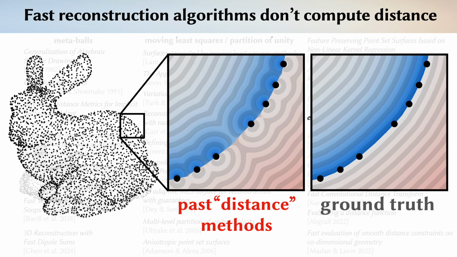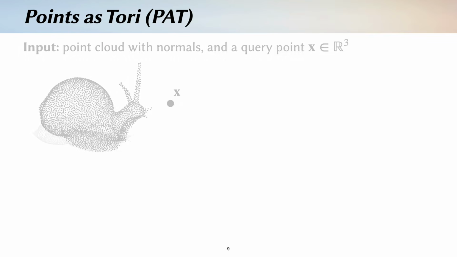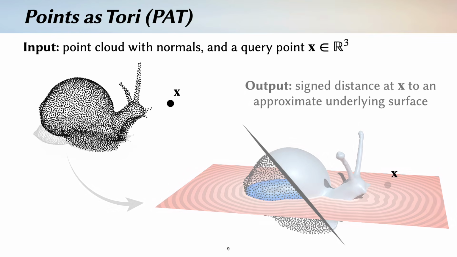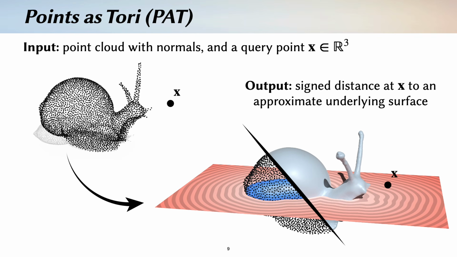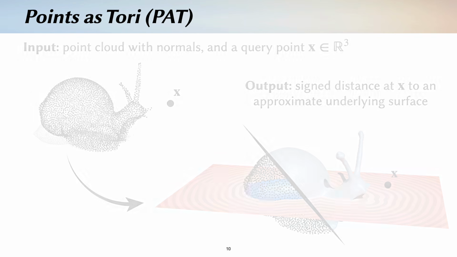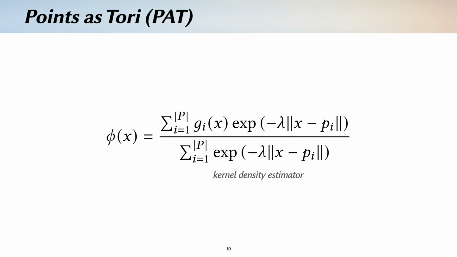In this talk, we introduce our method, Pointwise Tori, which takes as input a point cloud with normals and returns an approximation of the true signed distance at the given query points. Our method is simple. We use a simple kernel density estimator giving a weighted average of per point functions. Critically, we define these functions using Tori.